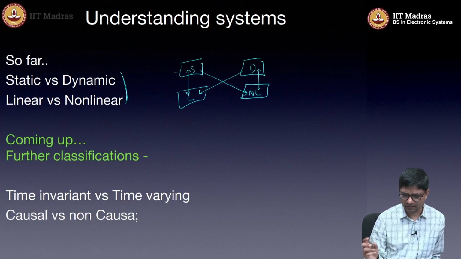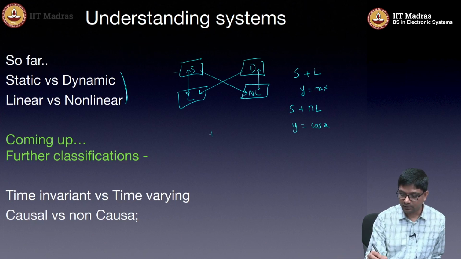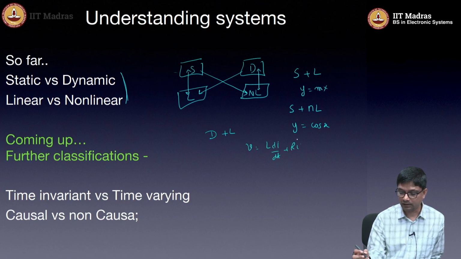Maybe I will quickly write down some examples. Static plus linear: y equal to mx. Static plus nonlinear: y equal to cos x. Dynamic plus linear: that was the simple RL circuit, V equal to L di by dt plus Ri.